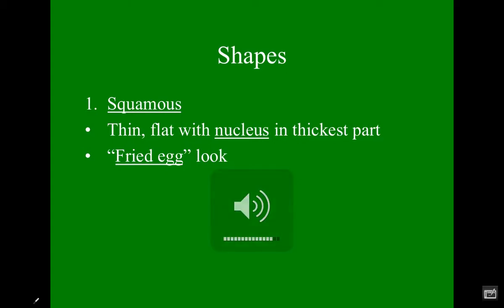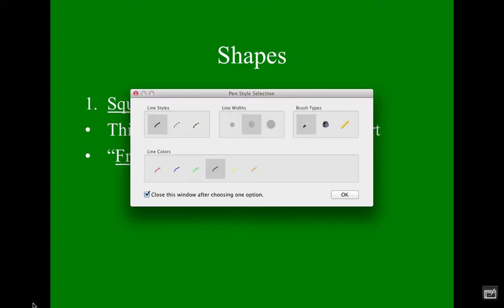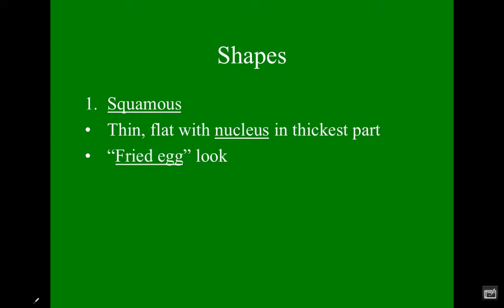So let me do a quick drawing here. It would look something along the lines of this, where we would have the cell and its borders, and the thickest part here would be the nucleus.